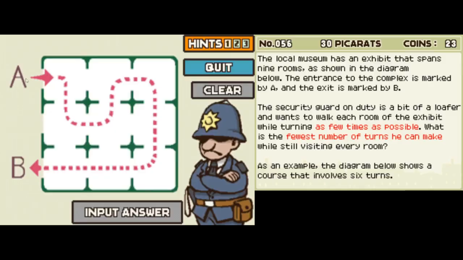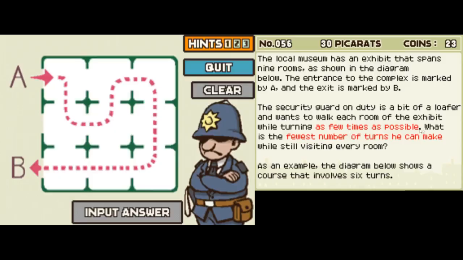So here's lap number 1. You go 1, 2, 3, 4... Let's see.